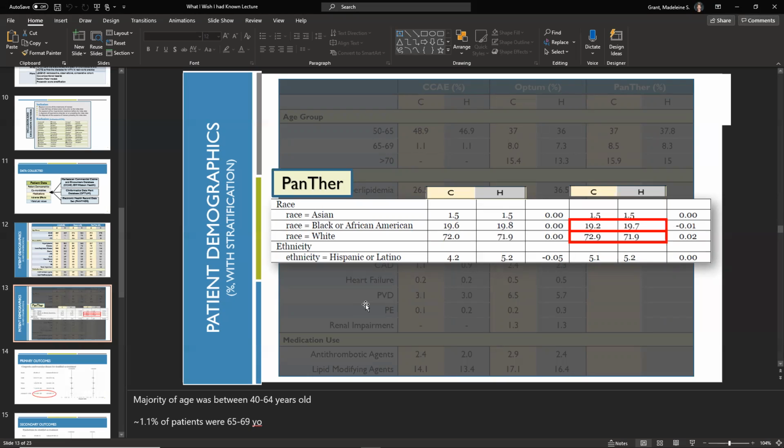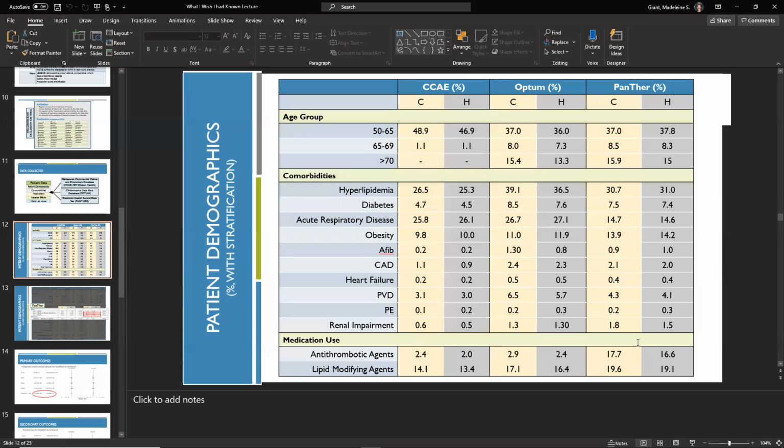This is something that I think is appropriate, or this is something that reflects practice. And so you can use your patient demographics to explain that. Another thing is you can just make generalizations, such as a quarter of the patients had hyperlipidemia and that's normal for this, or just tell a story with the patient demographics.